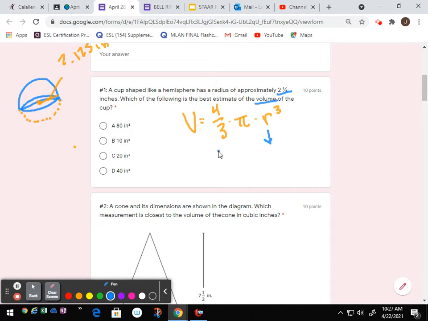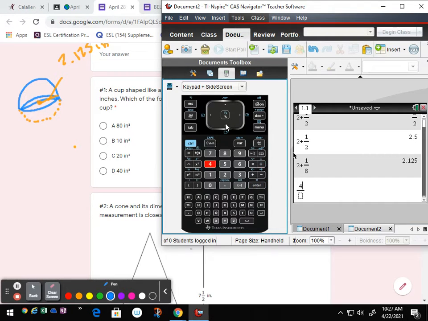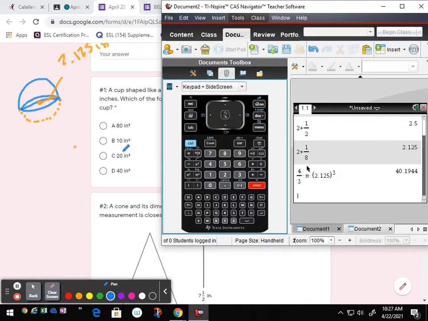So we have 4/3 times pi times 2.125 to the power of 3. Let's plug this into our calculators: 4 divided by 3 times pi times 2.125 to the power of 3. Enter. We get 40.19, and we'll round it to 40.2.